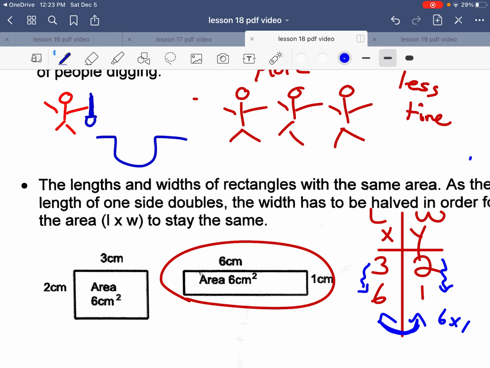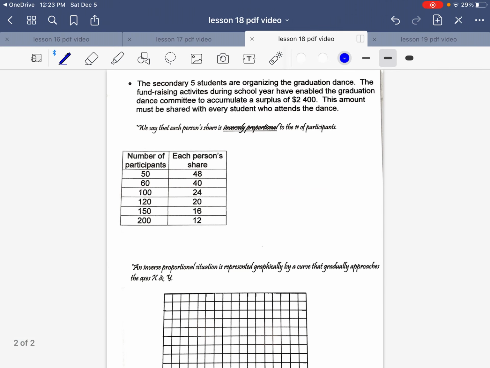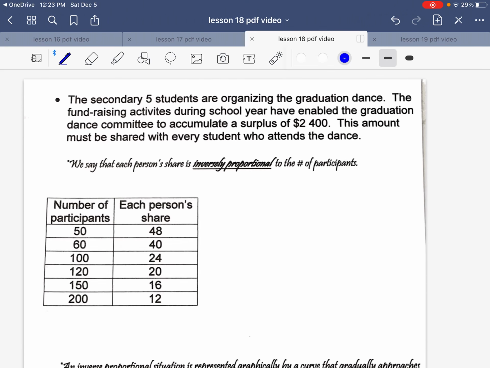So 6 times 1 is 6, 3 times 2 is 6. They're going to give you an area of 6 no matter what. This is your testing it. Remember, for inverse, you have to multiply them. In the previous lesson, we would have to divide y by x to get our proportionality coefficient.